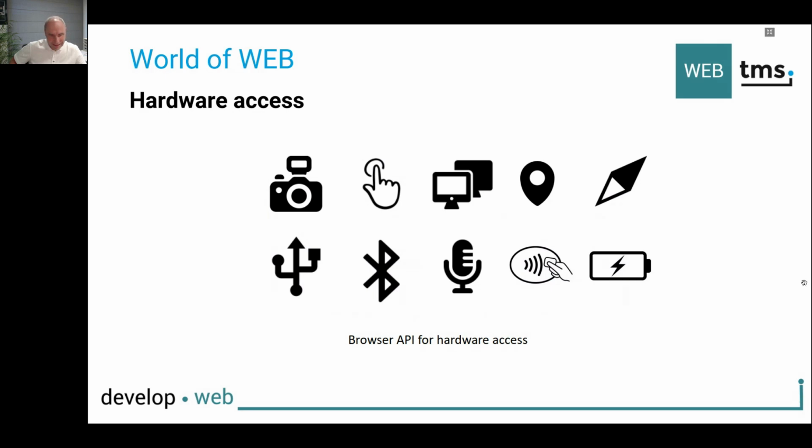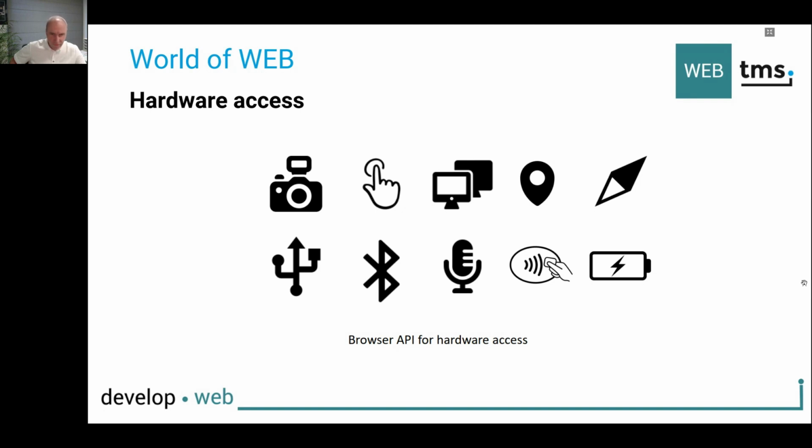What was also added, not yet in all the browsers, Safari here is a little bit behind, is support for accessing USB devices. So the browser exposes an API to directly communicate with USB devices, and the same applies to Bluetooth.